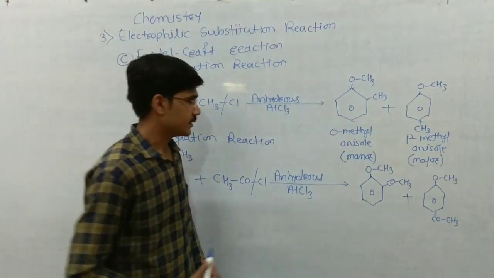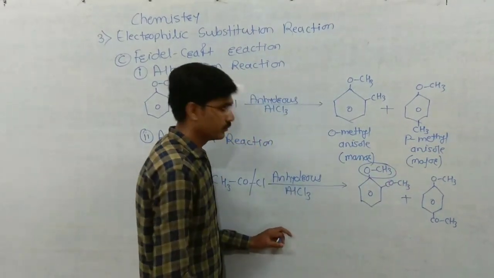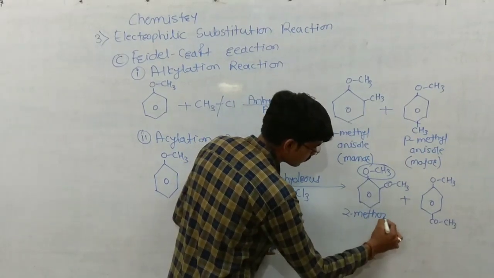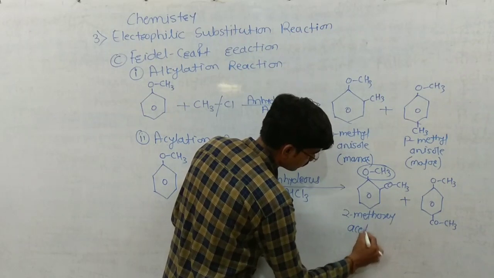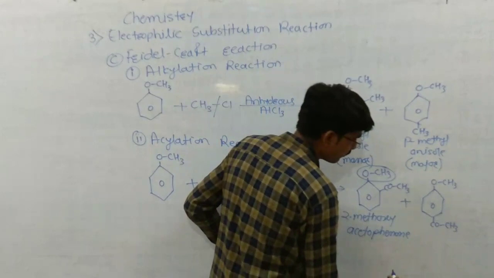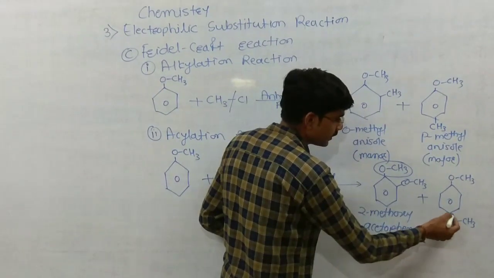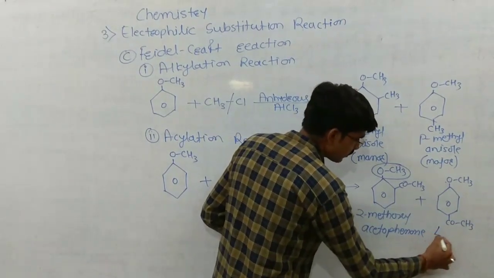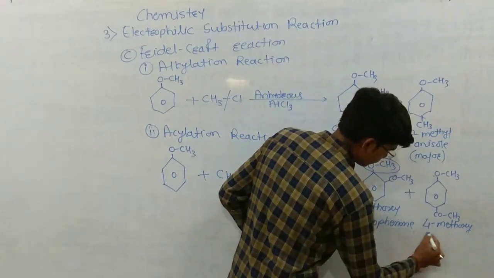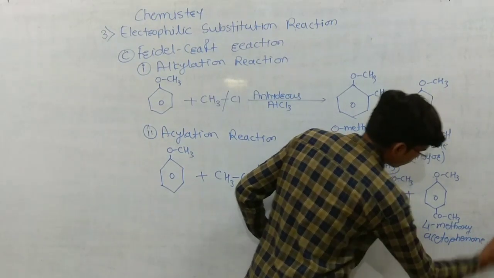The name of compound is, this is a methoxy group, and we have taken here 2-methoxy acetophenone, and this compound we call as 4-methoxy acetophenone.